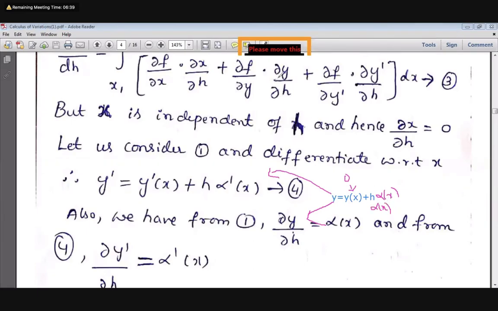Understood? Why am I differentiating y with respect to h only? Because I need this. Now I need ∂y'/∂h, so differentiate this again with respect to h partially. I will get alpha' of x.